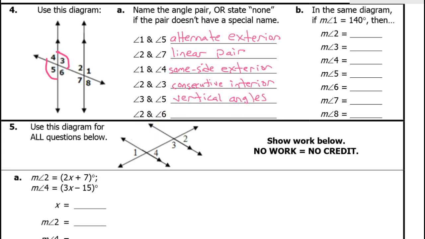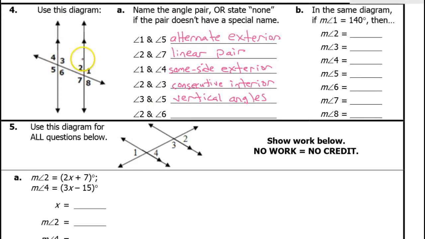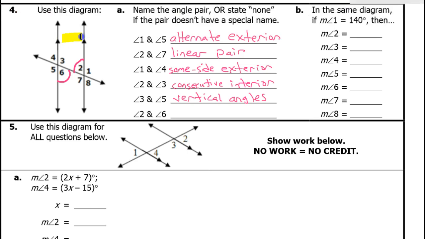Okay, what about angle 2 and angle 6? Here's angle 2 and here's angle 6. Well, these angles are interior angles. See how this is the interior of the parallel lines, between the lines.